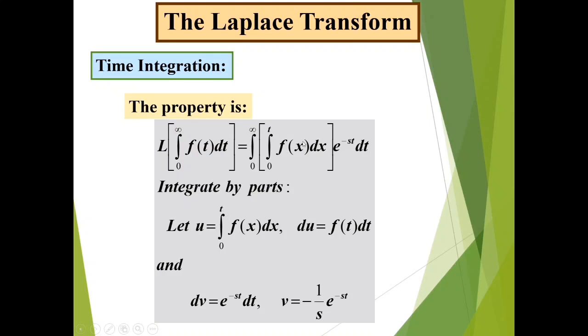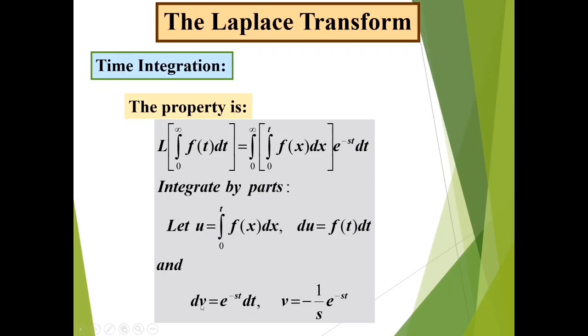So this part is u, the part inside the bracket is taken as u, and from that we can write du, which is f of t dt, and the part outside will be dv, which is e power minus st dt.